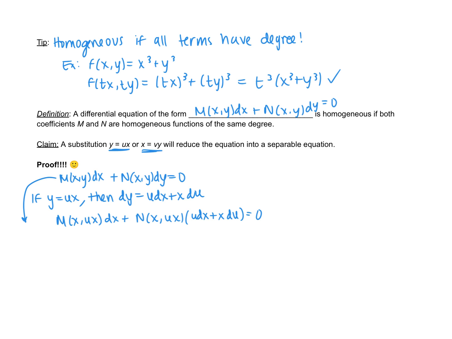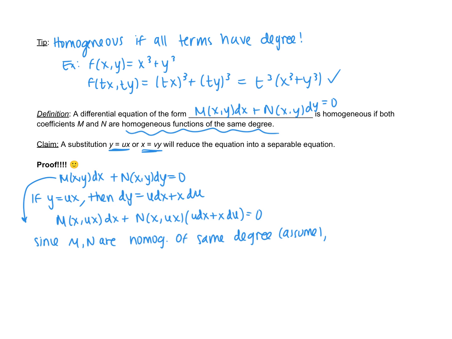Now remember, we are assuming from above that M and N are homogeneous functions of the same degree. So since M and N are homogeneous of the same degree, and that's something I should have written earlier that we're going to assume, we are going to rewrite that equation as follows.